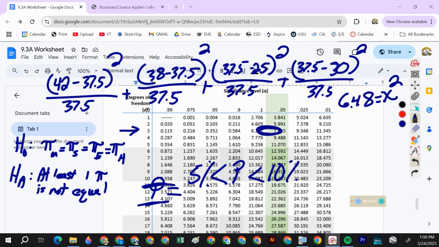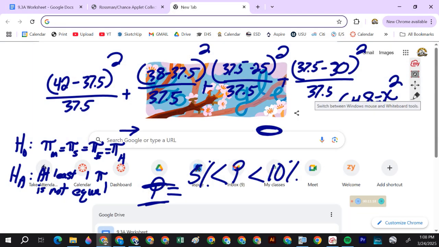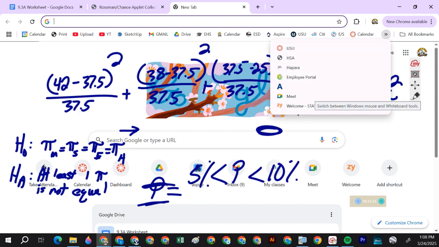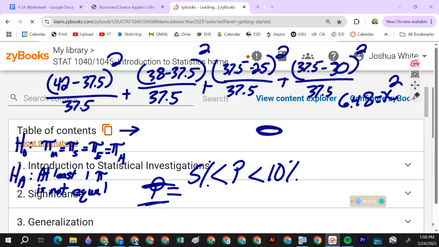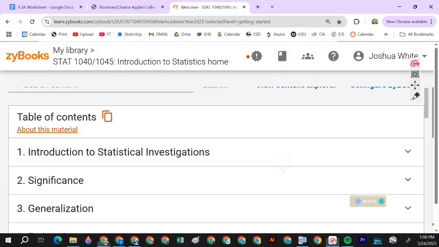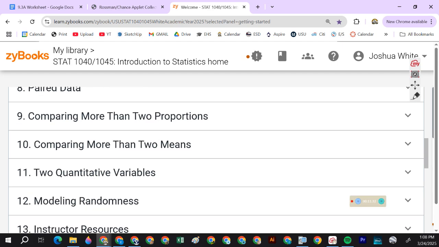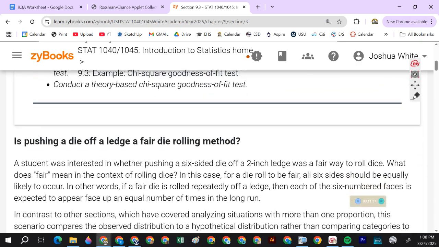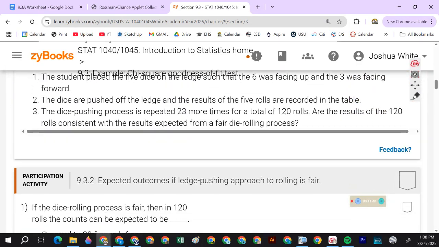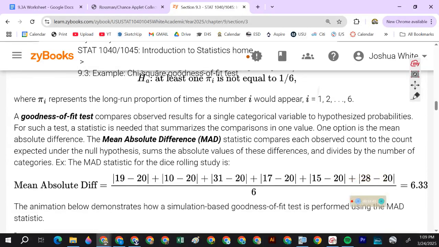Okay? Yes? No, you square each individual term. That's a great question. So let me show you. So let's go to your book and I'll show you the formula. So here's the formula, right?